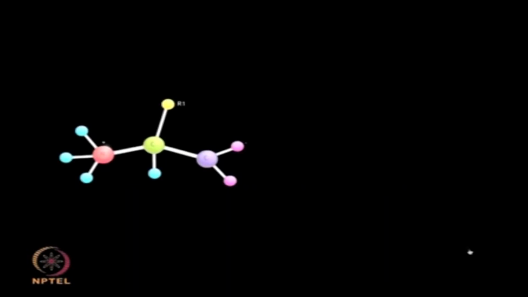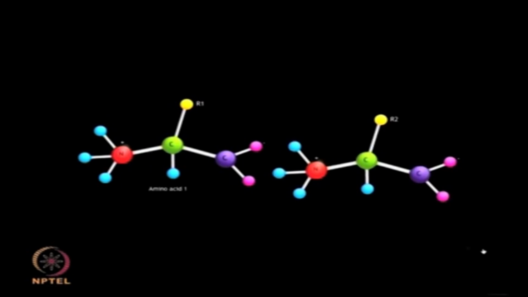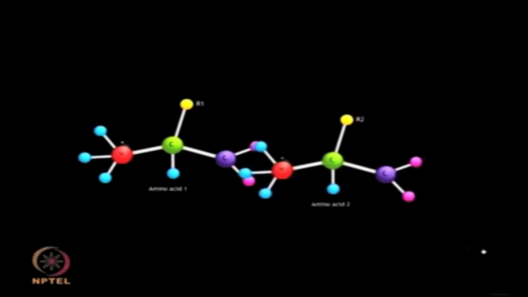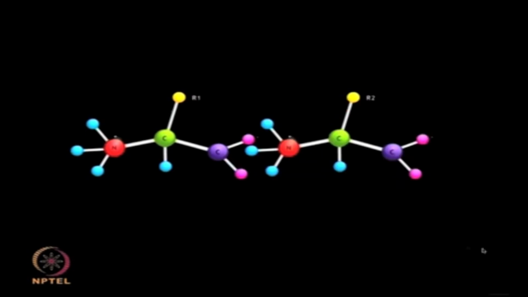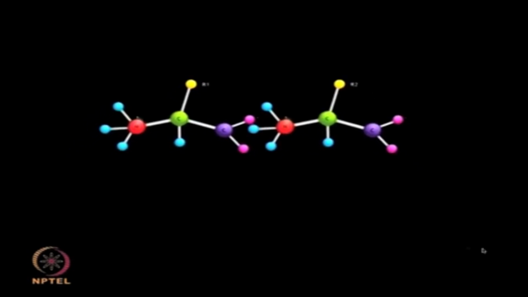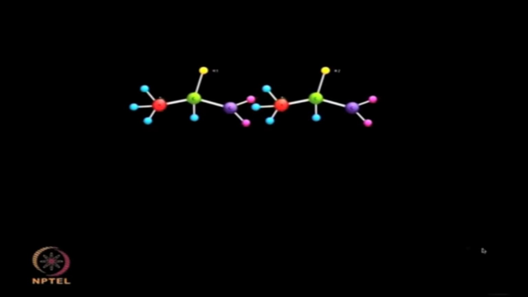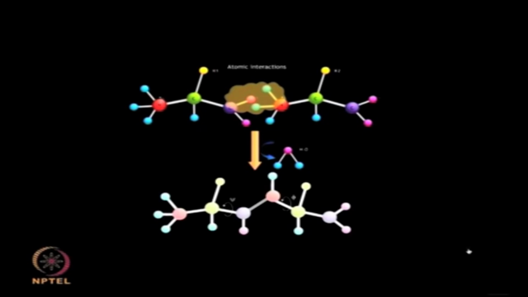Amino acids are the building blocks or monomers that make up proteins. Amino acids are oriented in a head to tail fashion and linked together such that the carboxyl group of one amino acid combines with the amino group of another amino acid. Two amino acids join together by means of such a condensation reaction with the loss of a water molecule and form a dipeptide.